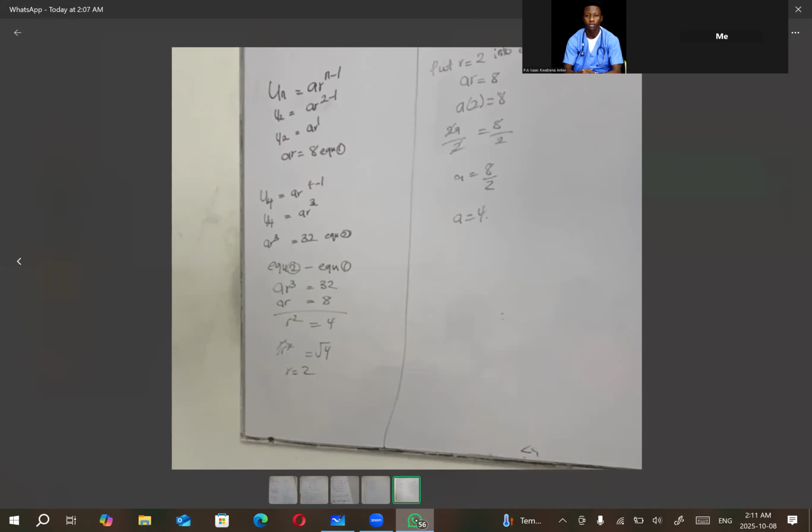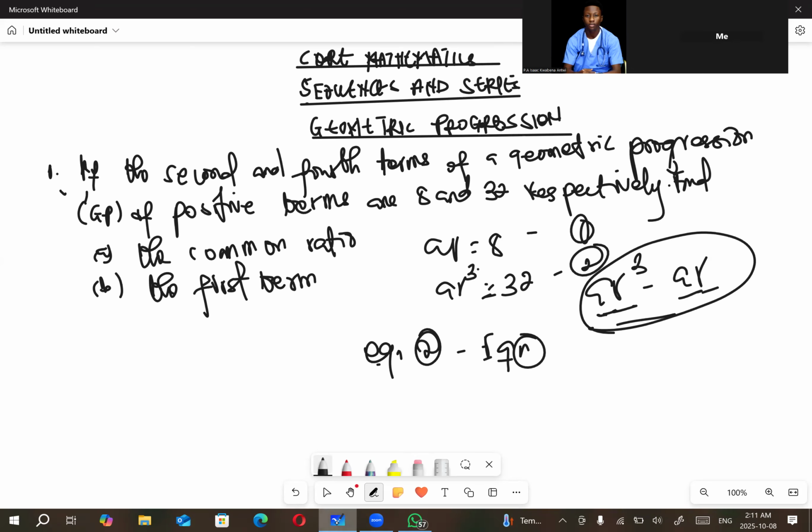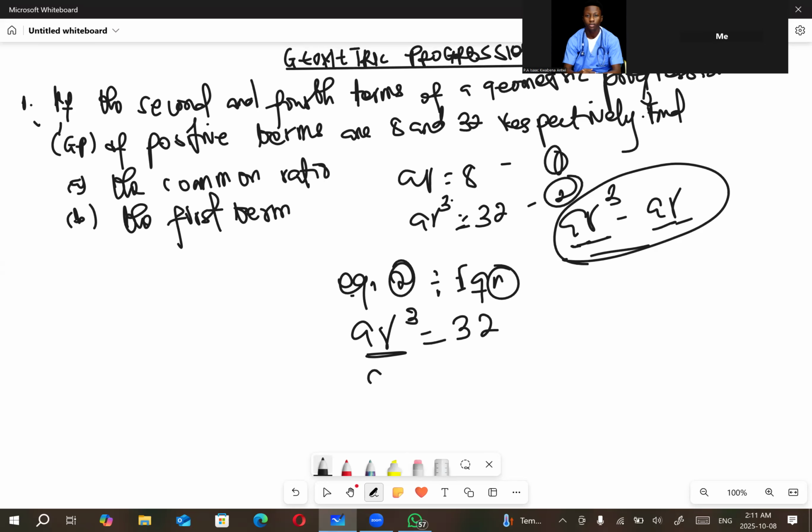Now, you divide, so the expression must change to equation 2 divided by equation 1. And anyone in the audience wondering, that would be AR cube equals 32. This is equation 2, divided by equation 1, so that will be over AR, equal to 8.